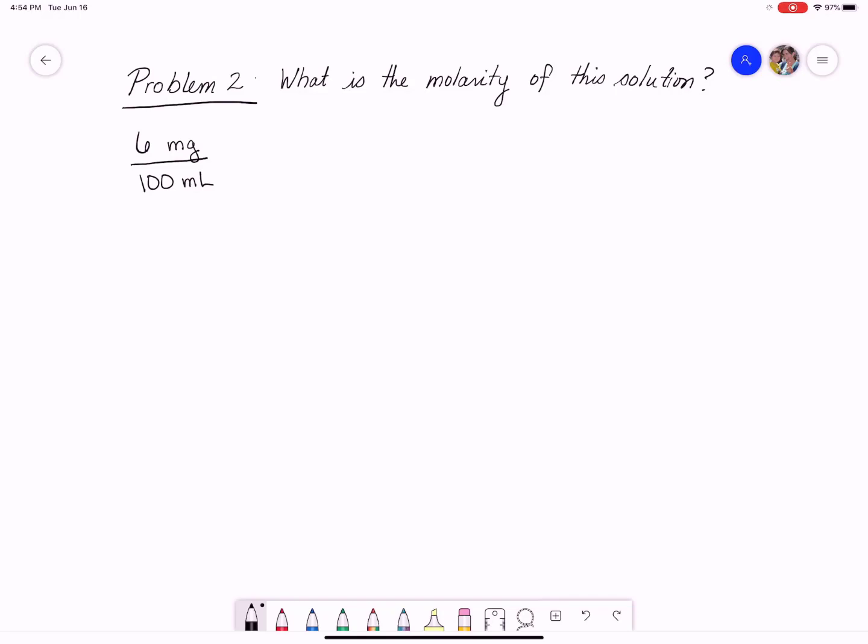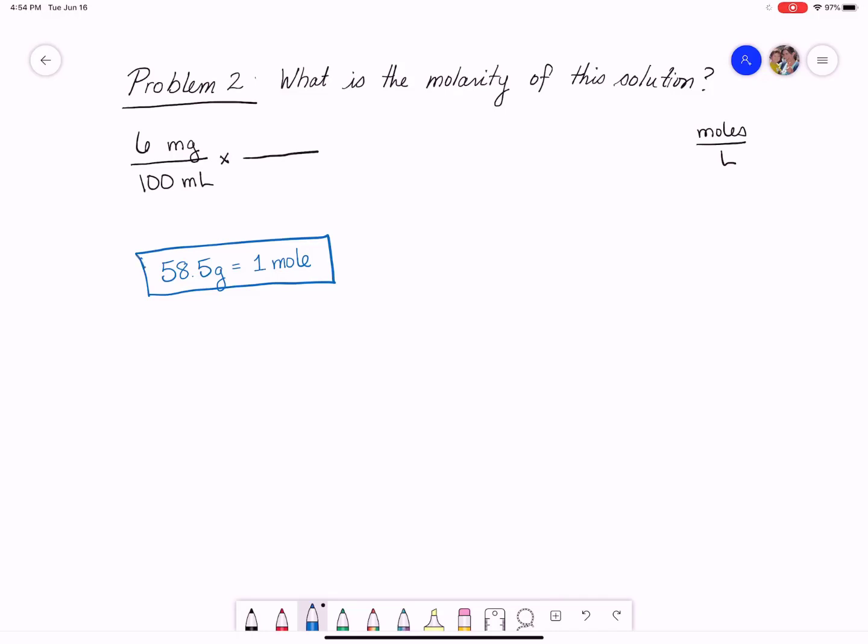I have 6 milligrams divided by 100 milliliters, and I know I need to get to moles per liter in order to have molarity. So the first thing I'm going to do is put up my conversion for the molecular weight. I know that for sodium chloride, 58.5 grams equals 1 mole.